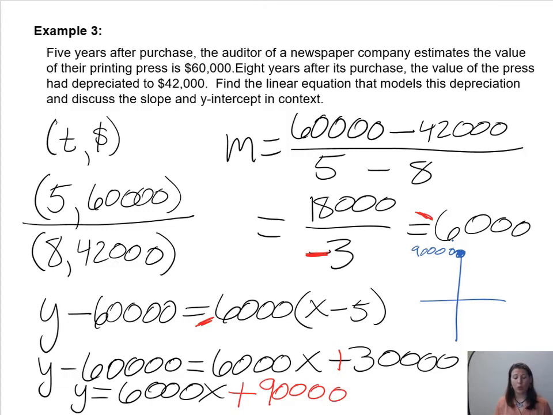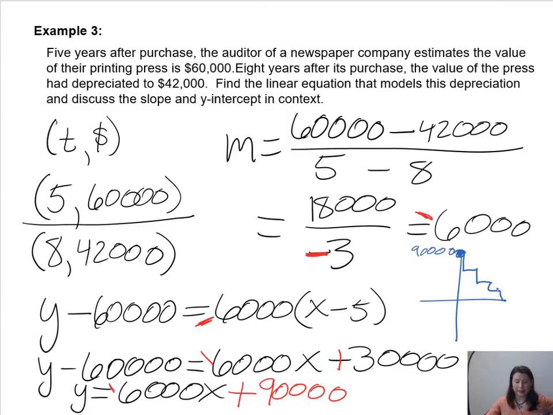So every 1 year that we have the printing press, it goes down negative $6,000 in value, meaning this will drop down like this, more or less, so that at some point the printing press isn't worth anything.